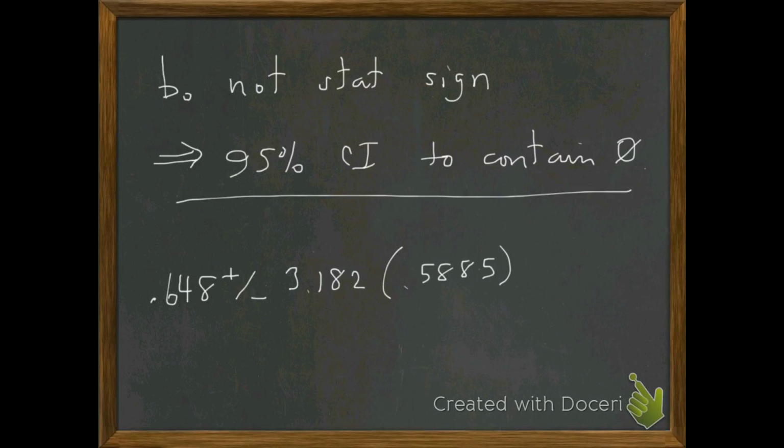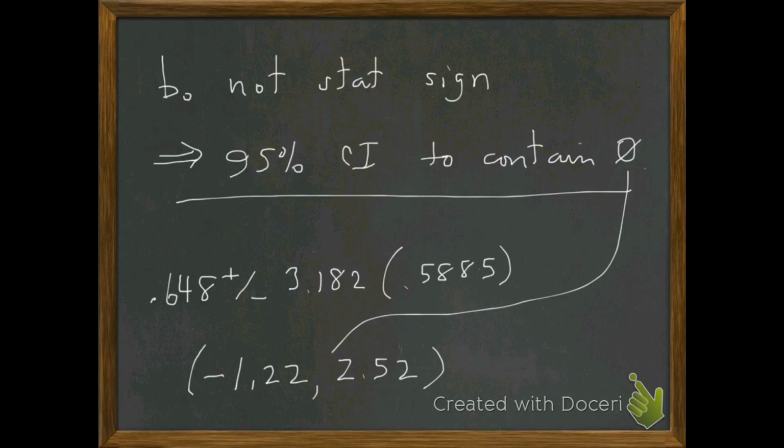And we get a confidence interval which ranges from negative 1.22 to 2.52. So just as we expected, our interval contains 0 because we don't have statistical significance. All right, I'm not going to beat a dead horse here. There's really not a lot more to give you there.